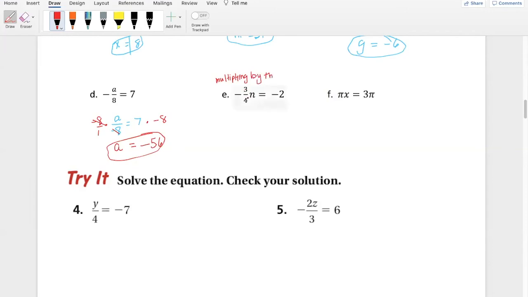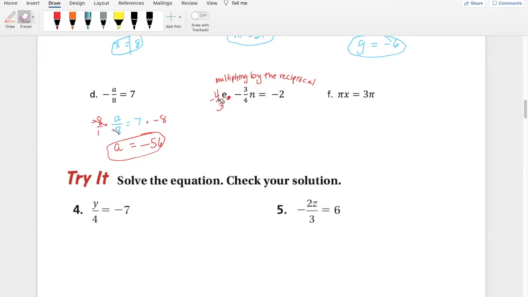That is where we flip, or change, the numerator and the denominator. And so I'm going to multiply by negative 4/3 on this side.